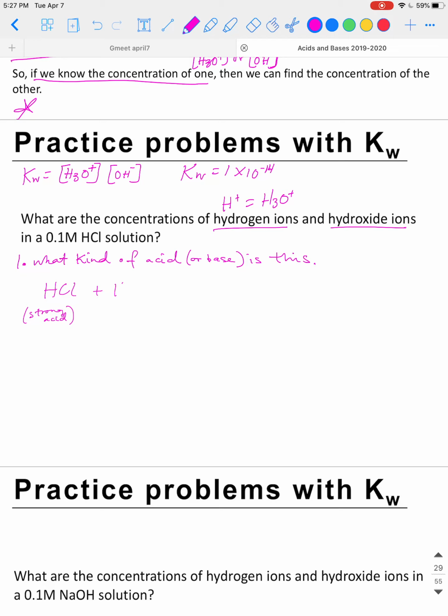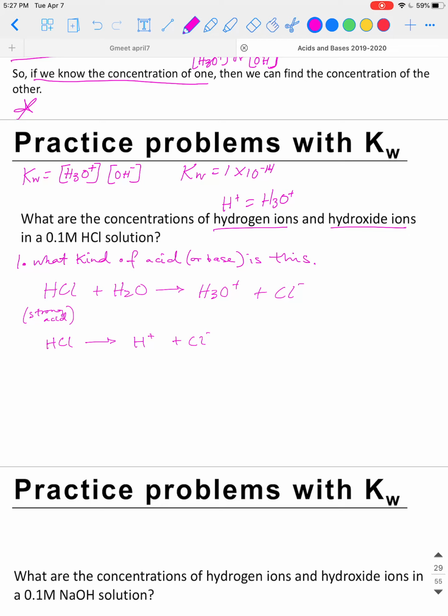What that means is if we have it with water, we will get complete disassociation. We will have all H3O plus and Cl minus at the end of this. Or you could just write it like this. HCl disassociates into H plus and Cl minus. It's usually understood that water is present, but you don't have to write water in there. Okay, so both of these equations are sufficient.